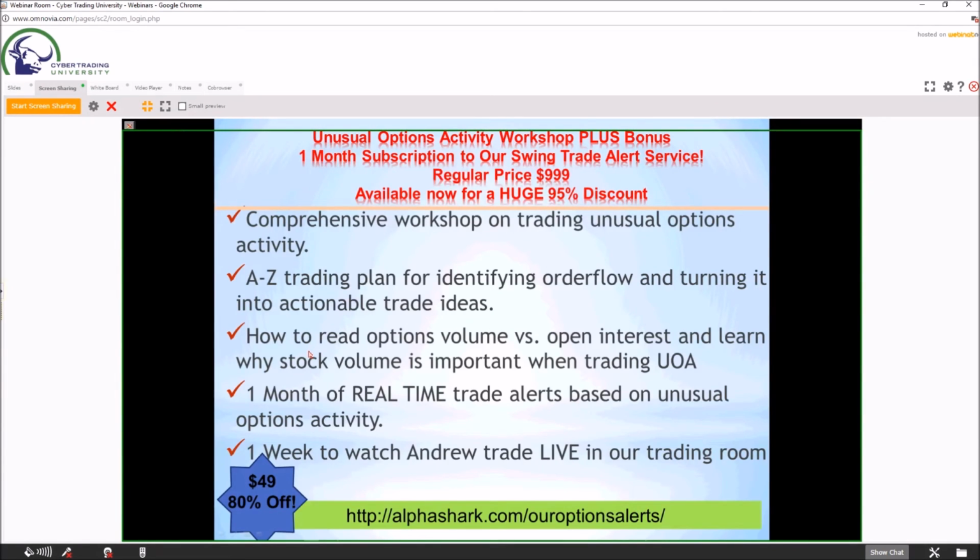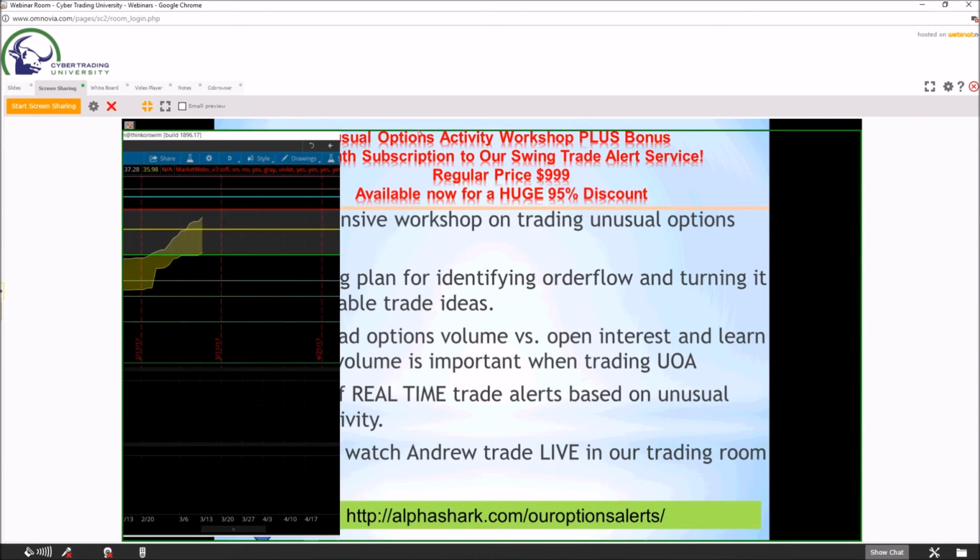What we say is that having an understanding of unusual options activity and being able to track this order flow gives any trader a leg up or an advantage in whatever strategy they're already running, because it gives you good information. For example, today we saw a lot of activity in Yelp, which is a stock that has been ripping to the upside recently.